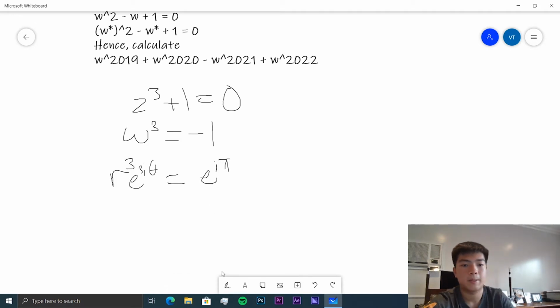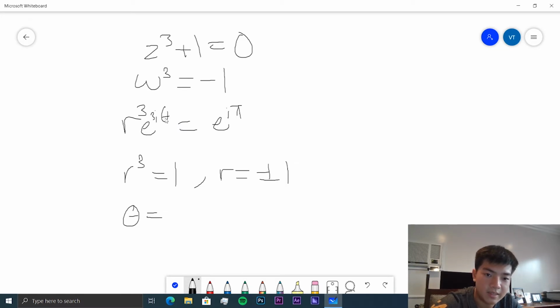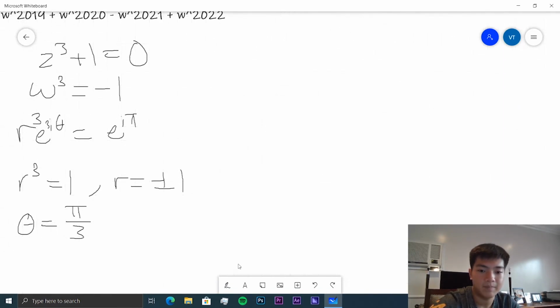So we have r cubed is equal to 1, and therefore r is equal to 1. And 3 theta is equal to pi, so theta is equal to pi over 3. So our complex number will look like e to the i pi over 3.